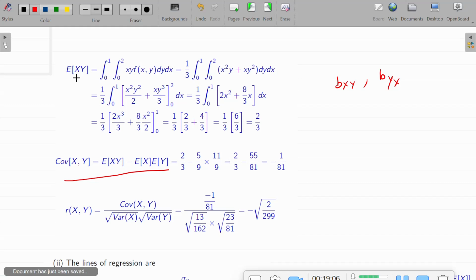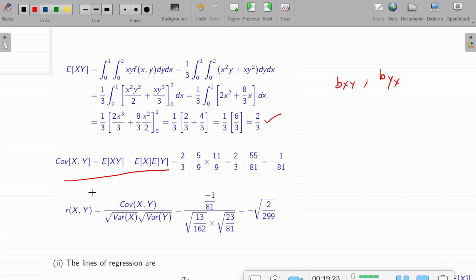To calculate your expectation of xy, we go for the double integration, 0 to 1, 0 to 2, of xy f of x, y. Go with an integration, apply the limit, then on computing or simplifying your integration, you'll get it as 2 by 3.